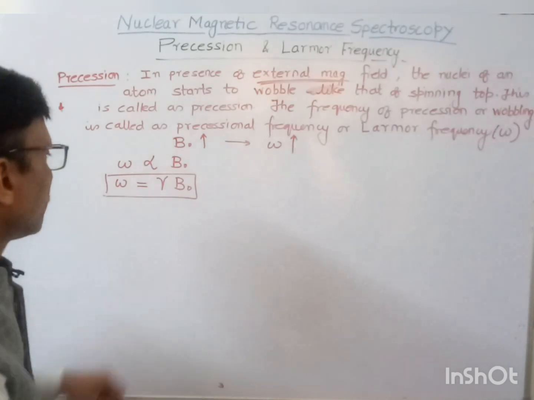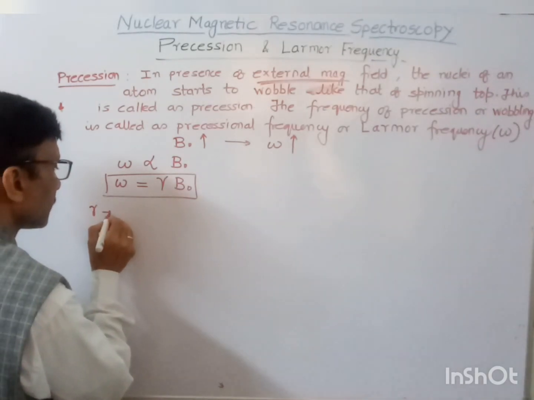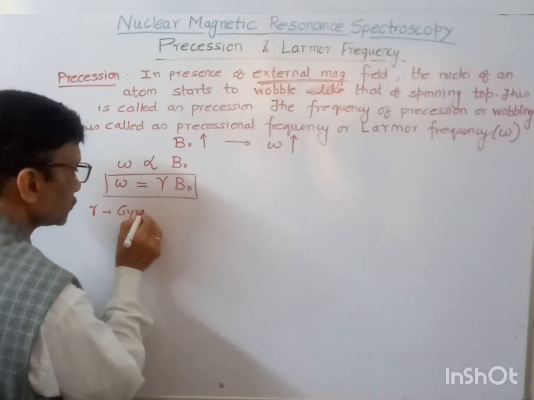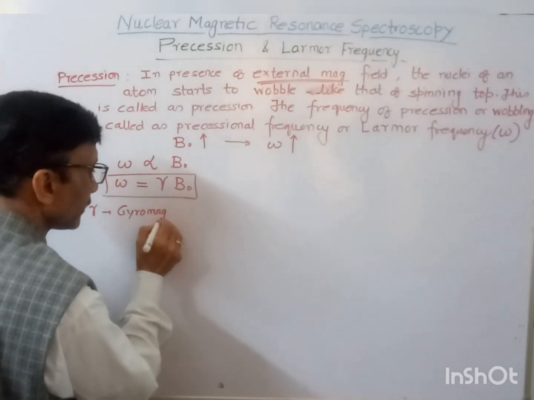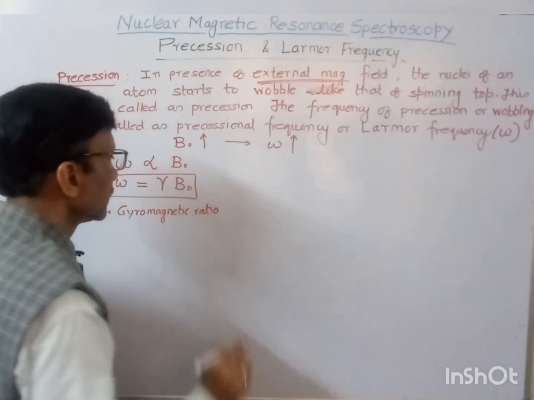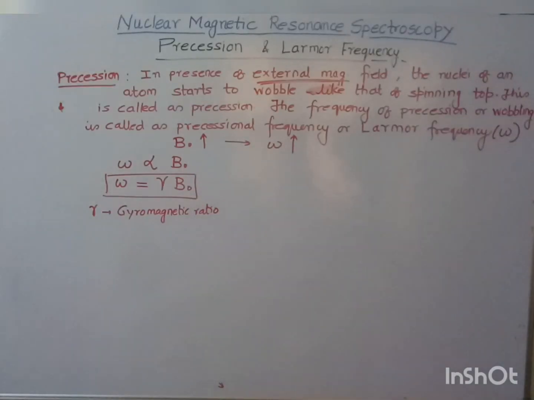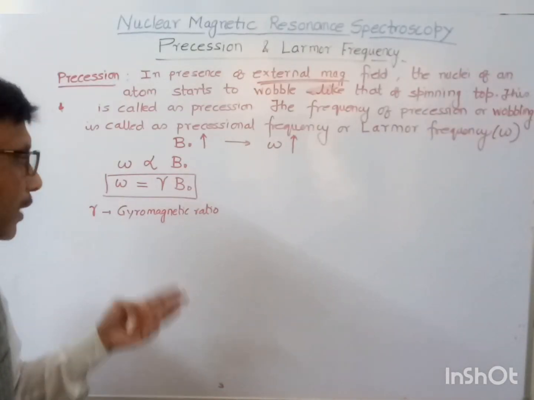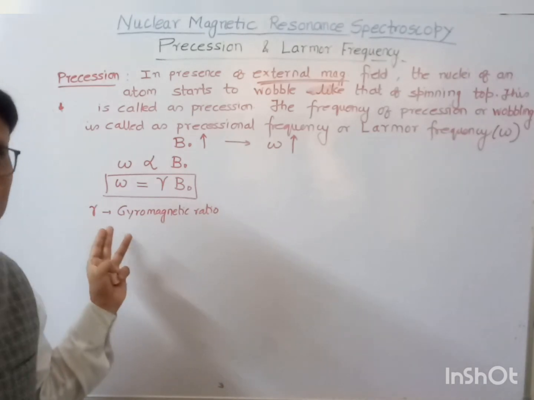And this gamma is called the gyromagnetic ratio. Gamma is called the gyromagnetic ratio, and for a particular nuclei, gamma has a particular value.